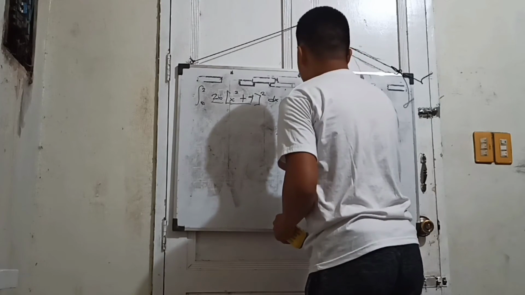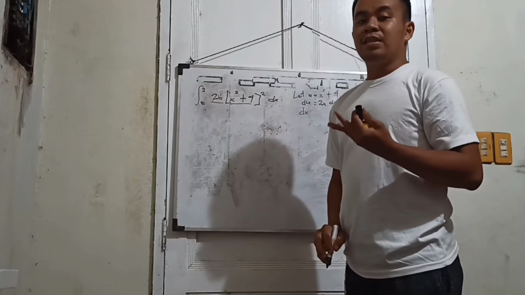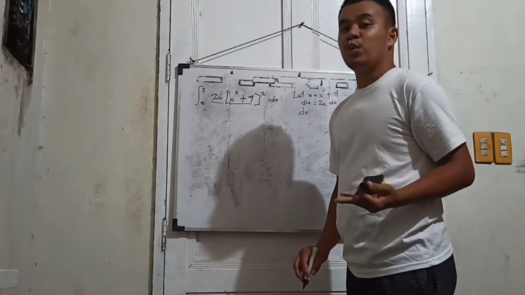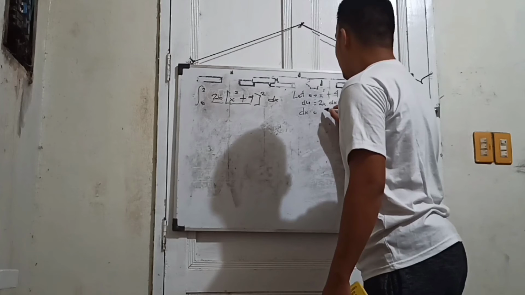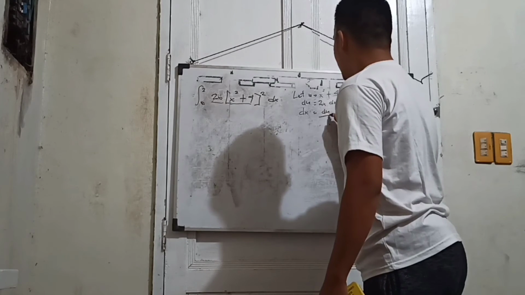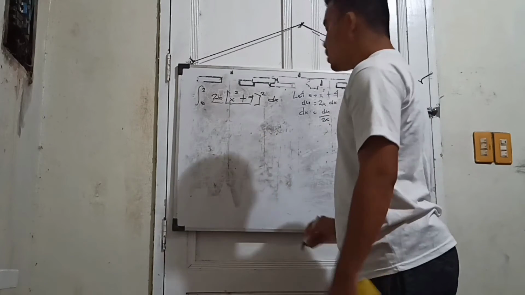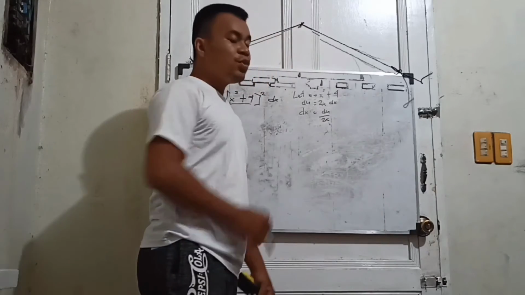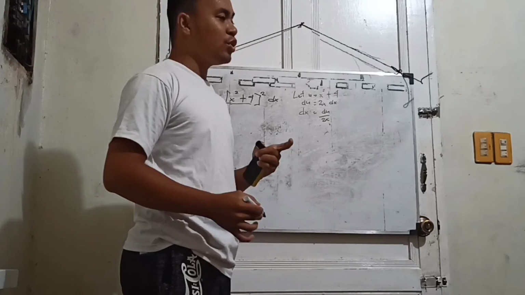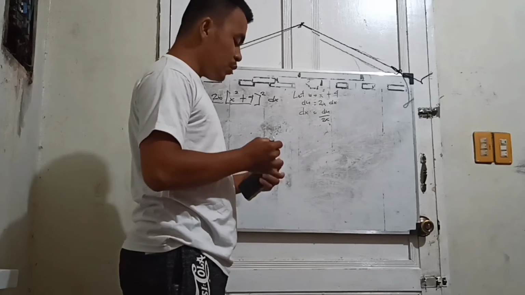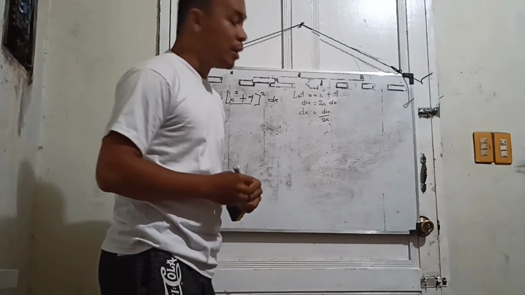So the value of our dx, I talked about it earlier, so I hope you get it. So our dx is equal to du over 2x. So now that we are finished substituting our u, we will proceed to solving.